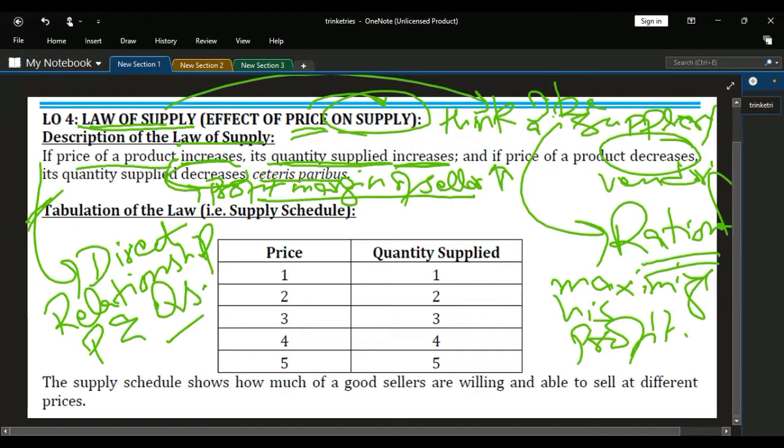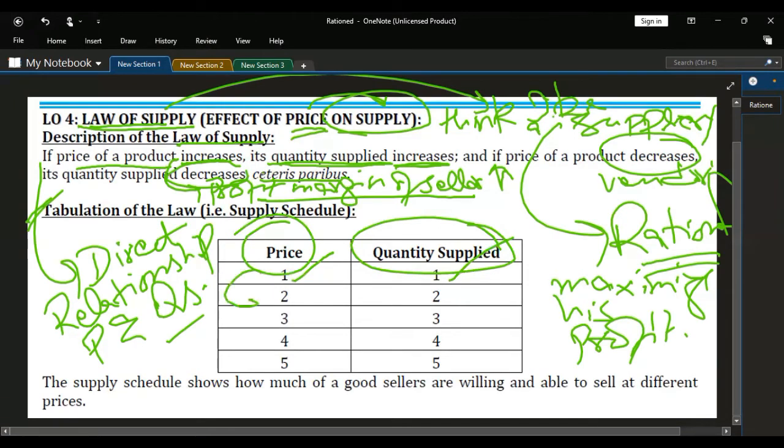Now move towards explanation of this law through example of a table in which price and quantity supplied are taken in two columns. If price is 1, then supply is also 1.